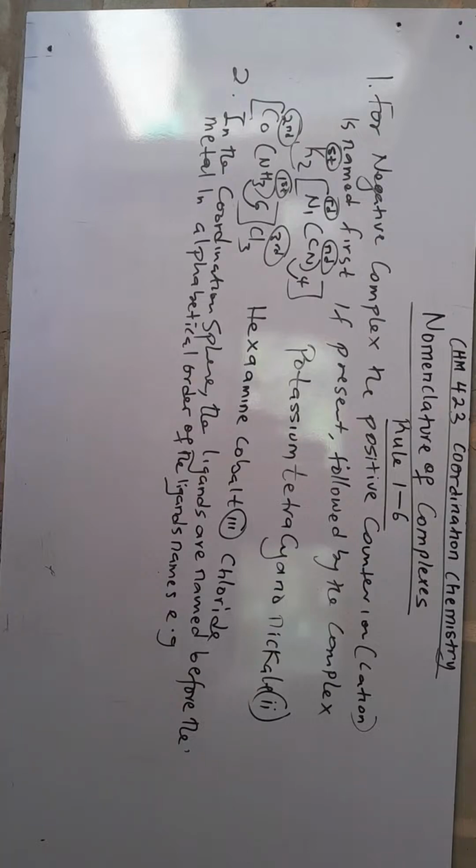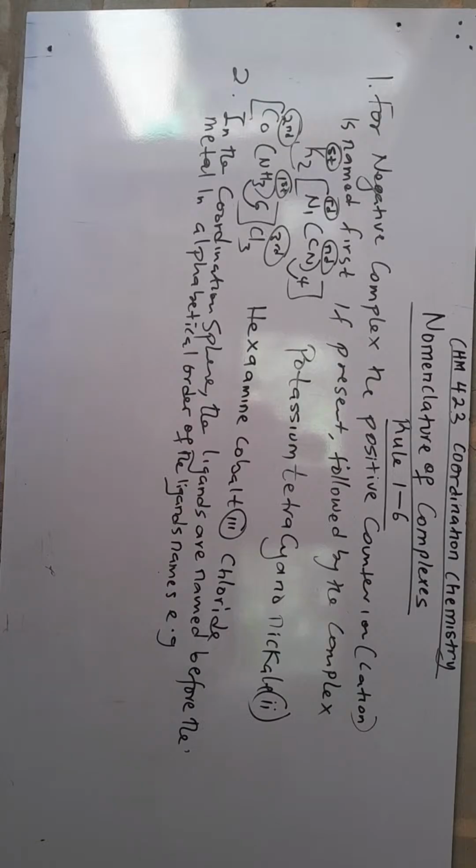Look at the case of K2 [Ni(CN)4]. You realize that from that place, we have Ni and CN in the brackets, so we now have K2 outside of the bracket.